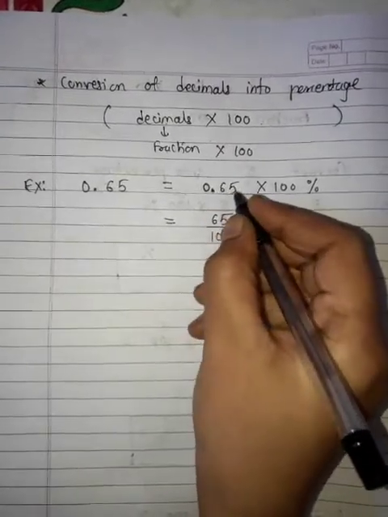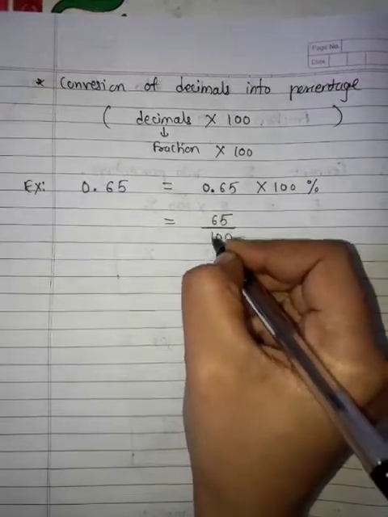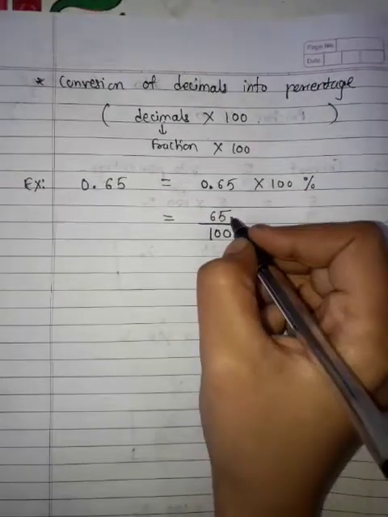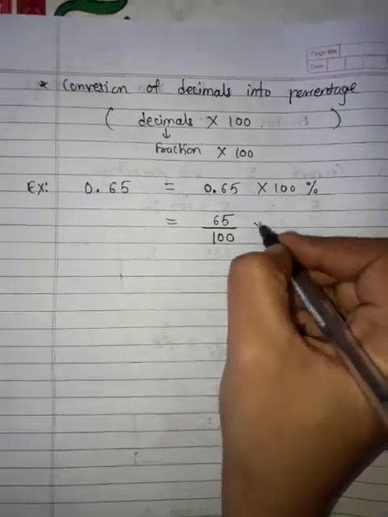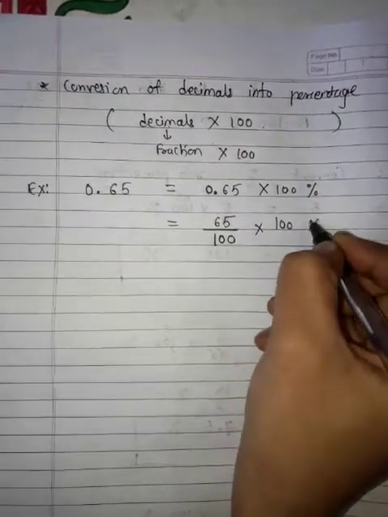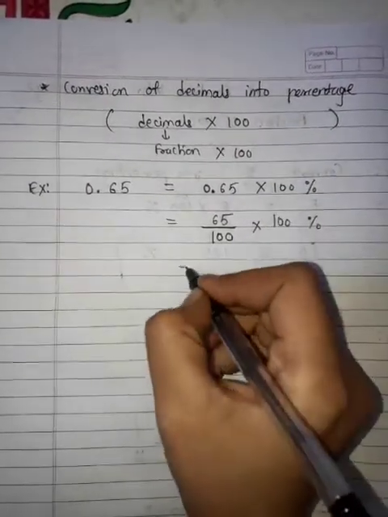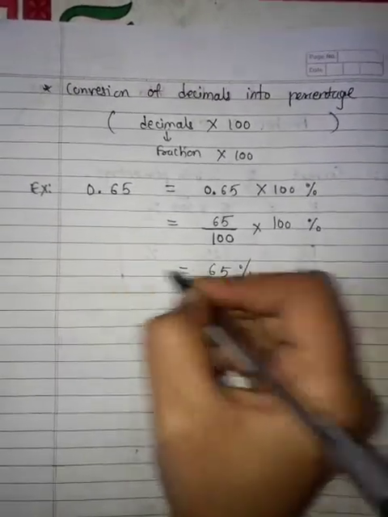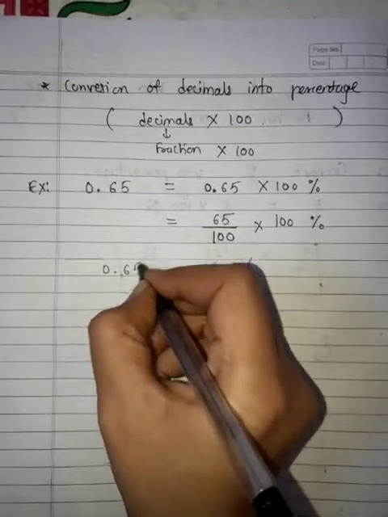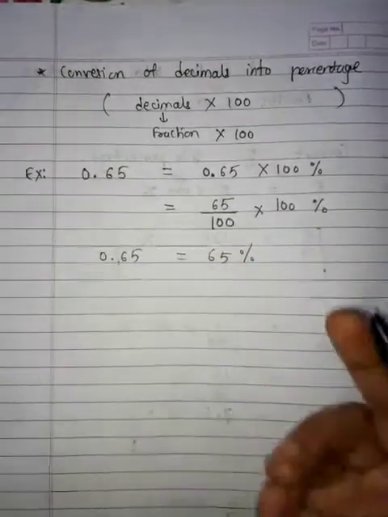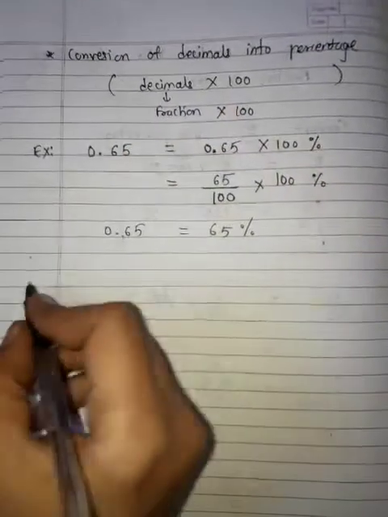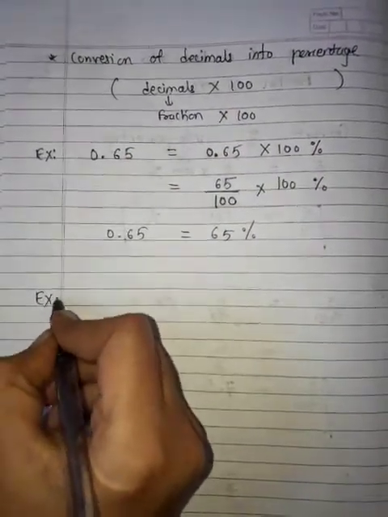There are two decimal places, so we write two zeros with 1. So 0.65 means 65 upon 100, multiplied by 100. Here 100 gets cancelled and 65% remains. So 0.65 means 65%. So like this you can convert a decimal into a percentage.